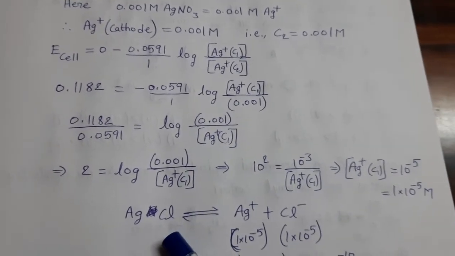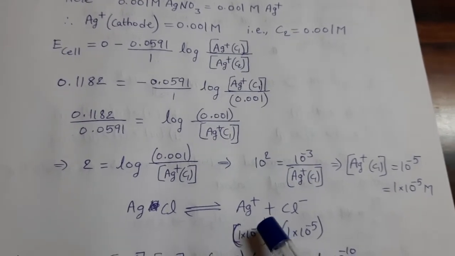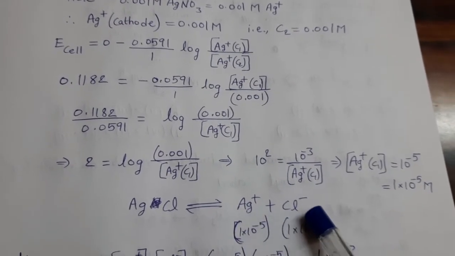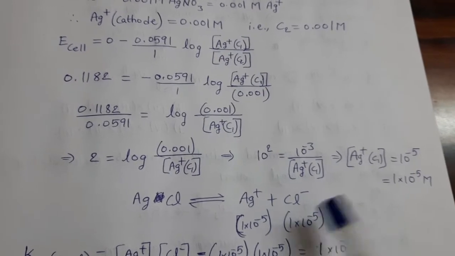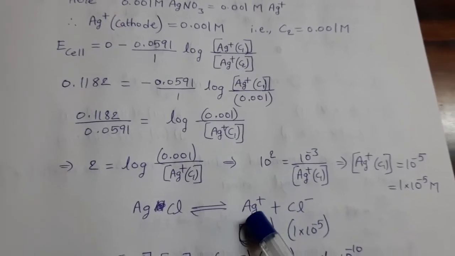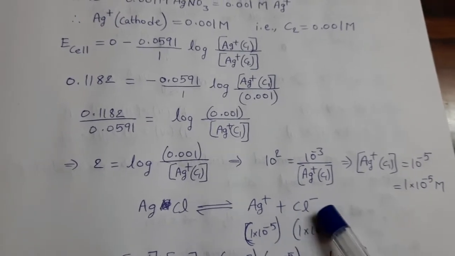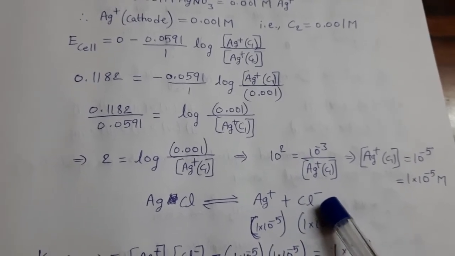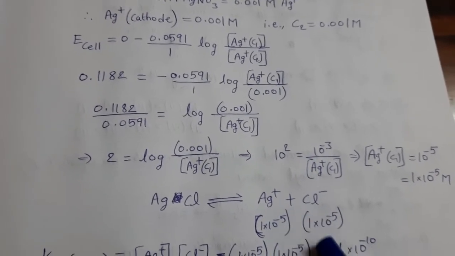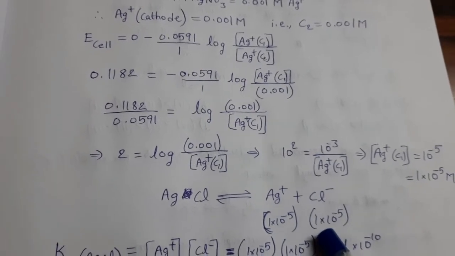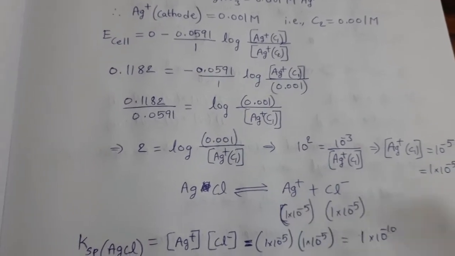Here AgCl undergoes ionization and forms Ag plus and Cl minus ions. 1 mole of Ag plus, its concentration is 1 into 10 power minus 5. Here Cl minus ion is also obtained as 1 mole. So it has the same concentration as that of Ag plus.